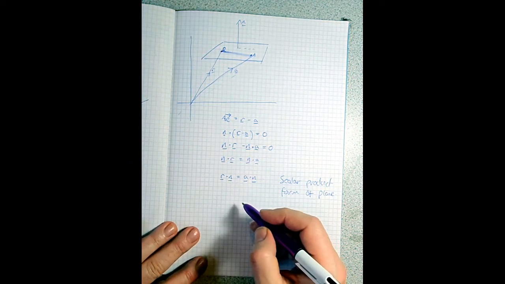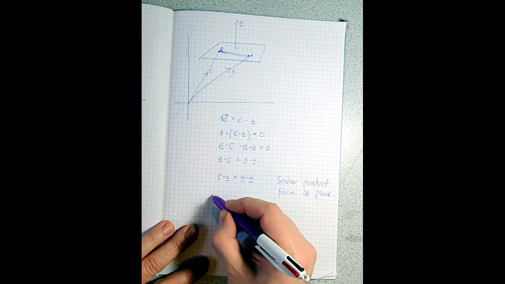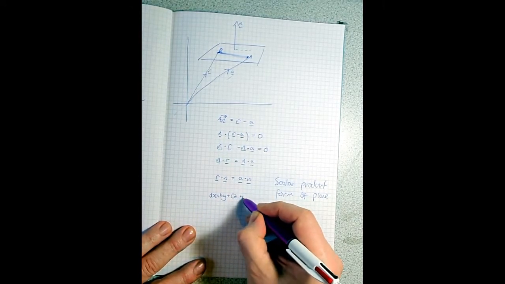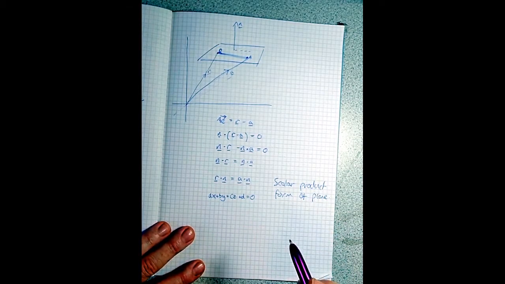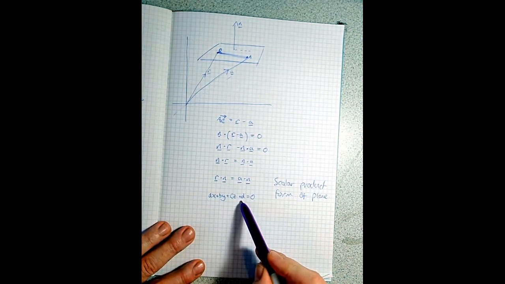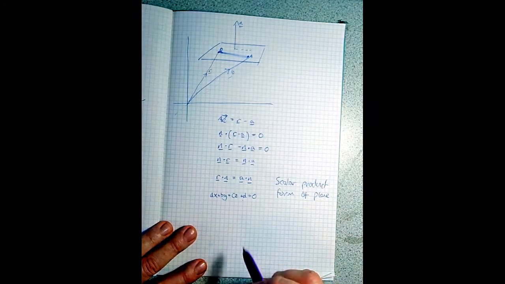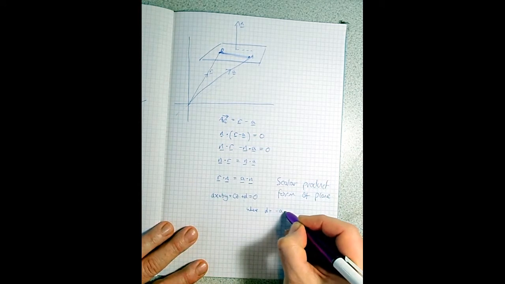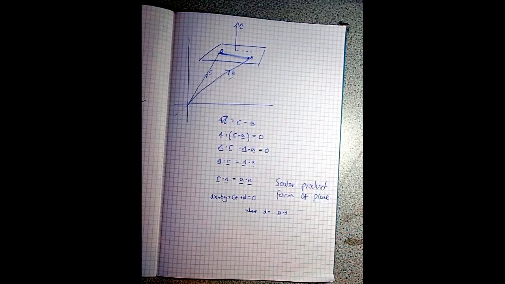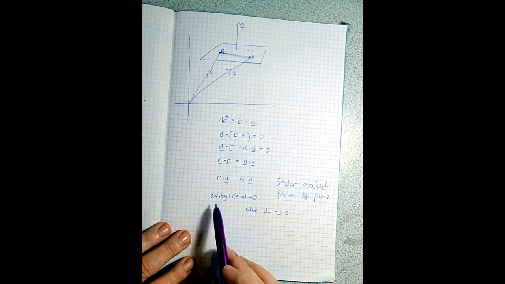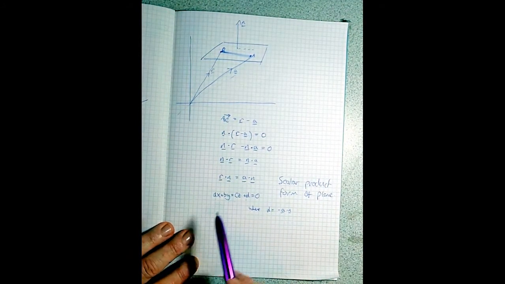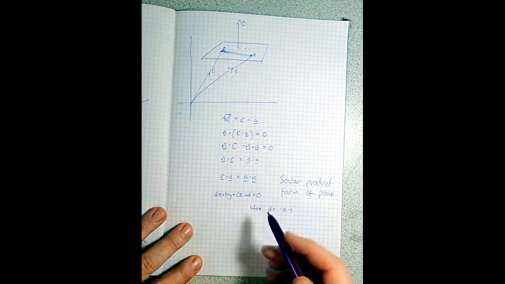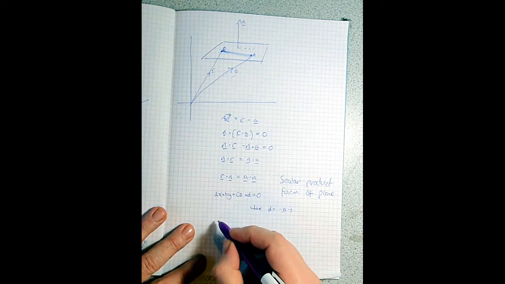That's the same as ax plus by plus cz plus d equals 0. And we're told that d is minus a dot n. Now, of course, ax plus by plus cz is the normal vector dotted with r, because r is xyz.